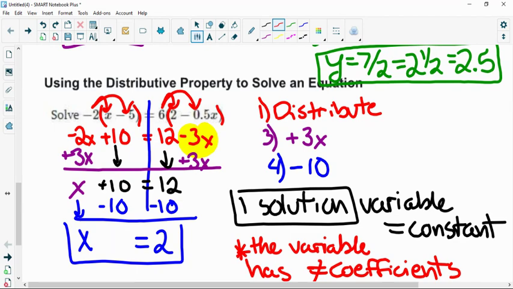But I want you to go back and notice that the number in front of the variable was different on both sides of the equation on all of those examples. We're going to move along and take a look at what the other types of solutions we could get. Infinitely many, and no solution.